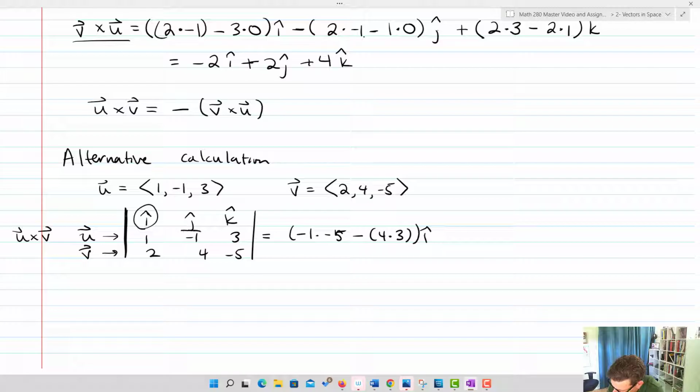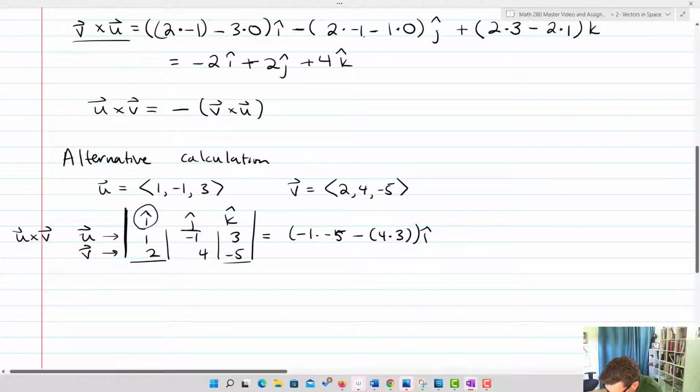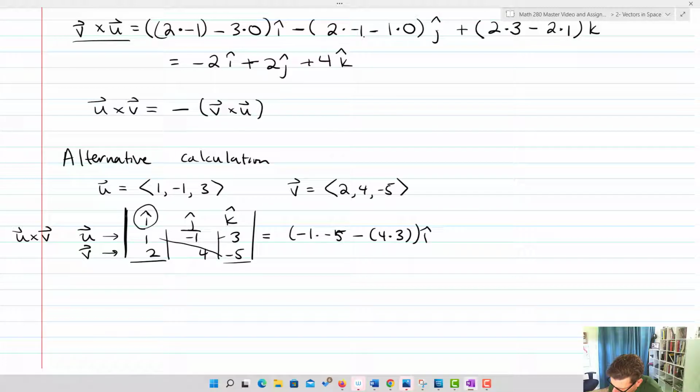Now I'm going to go to j, and j is going to use the first and third columns, and we take its cross product. So now we take 1 times negative 5 and 3 times 2. This is now going to be minus, remember that's a minus, 1 times negative 5 minus 2 times 3, and that'll be j.